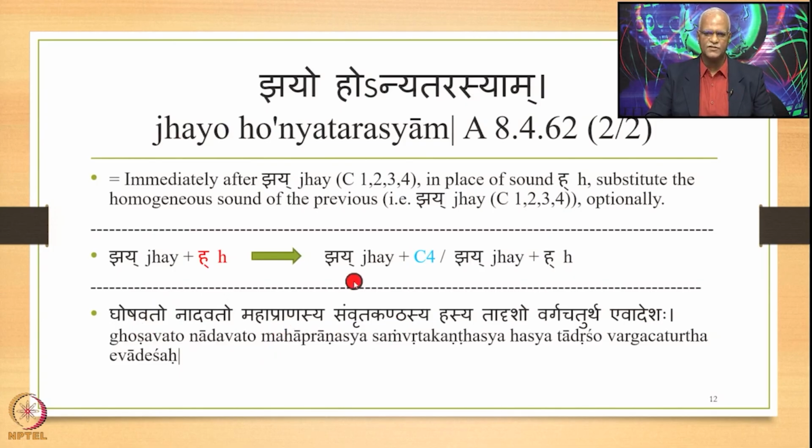So in place of this ha, gha or jha or dha or dha or bha will be the substitute. Ghoshavato nadavato mahapranasya samvrtakanthasya hasya tadrusho varga chaturtha eva adeshaha. This is the guiding principle.